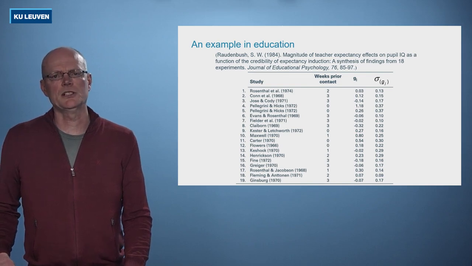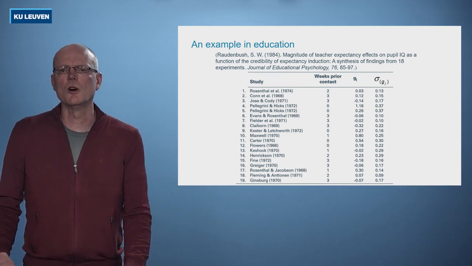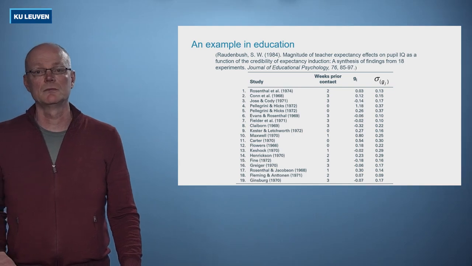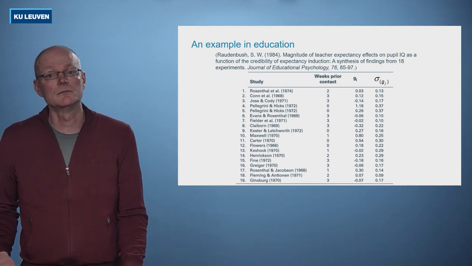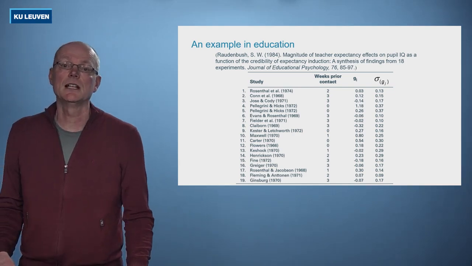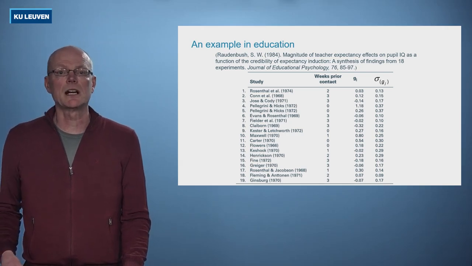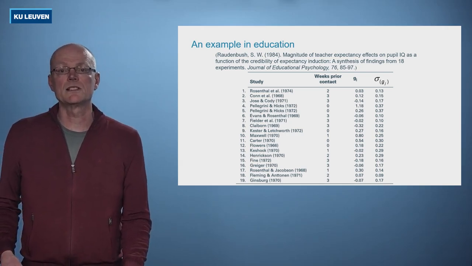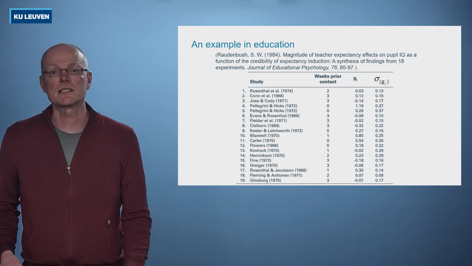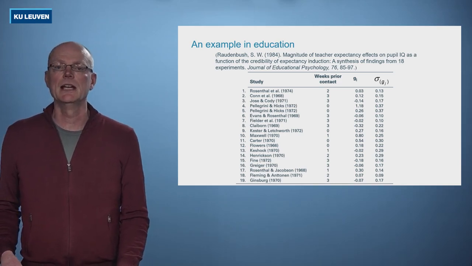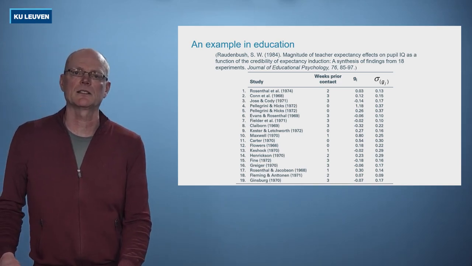Now, if you look at the G's, then you can see that often these G's are positive, but sometimes they are negative. Further, you can see that in general these G's are relatively small. Remember the guidelines of Cohen, with 0.20 called a small effect, 0.50 a moderate effect, and 0.80 a large effect.